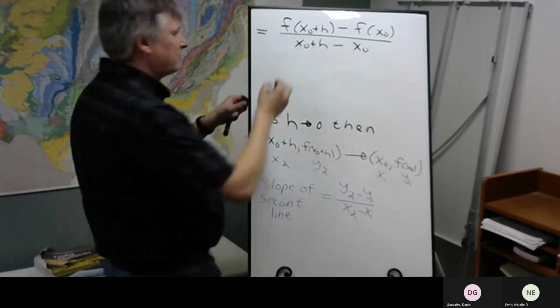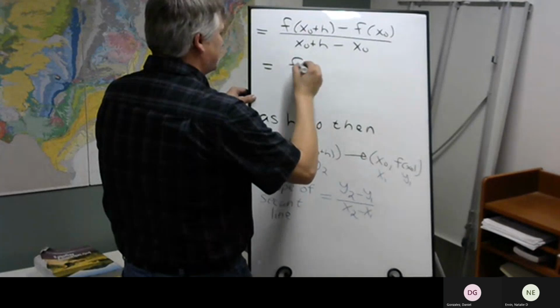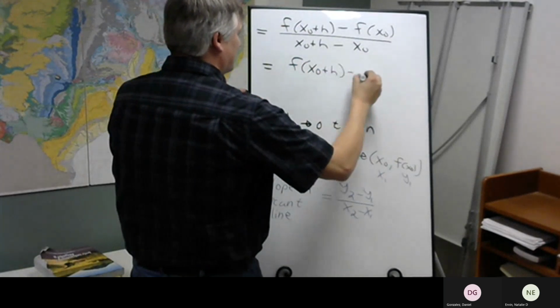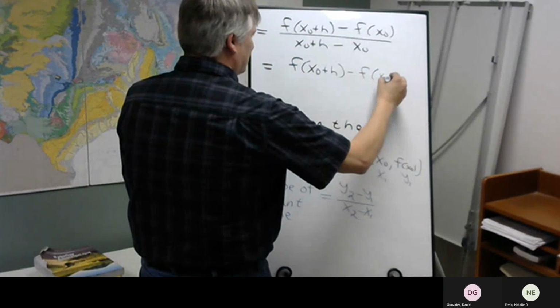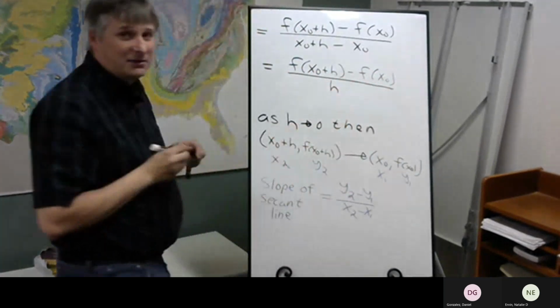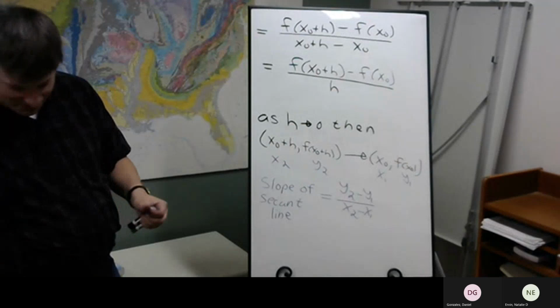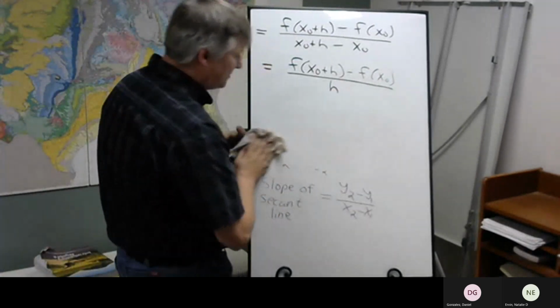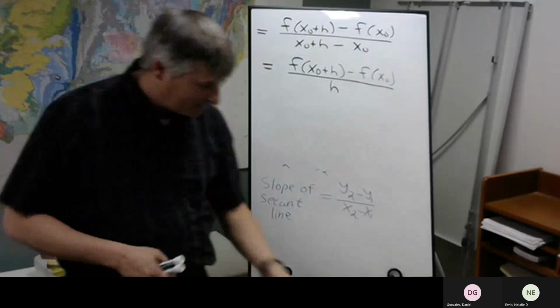And simplifying down, we'll get some x0s that cancel out in the denominator. Over h. So that's how we're going to find the slope of the secant line.